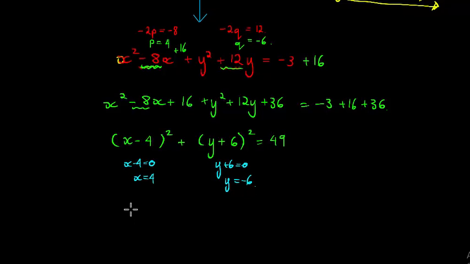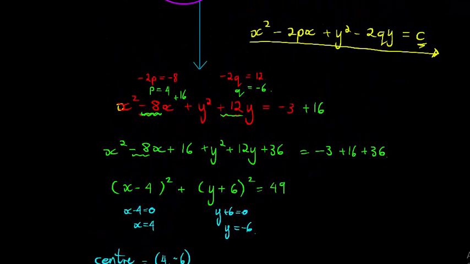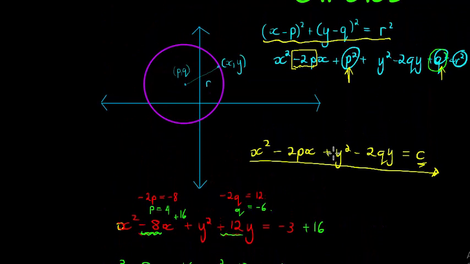So my center is (4, negative 6), and my radius is the square root of 49, which is 7. Excellent, and there we have it. That is how I would go about finding the center and radius if I have an expression that is not already factorized into the pretty brackets.